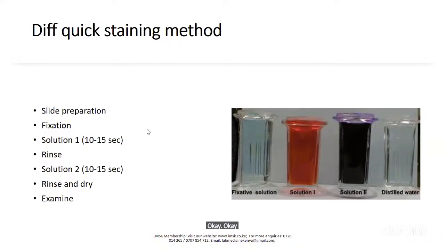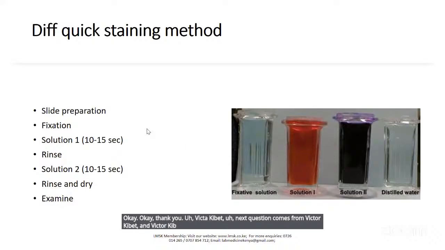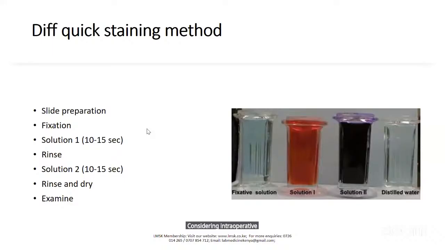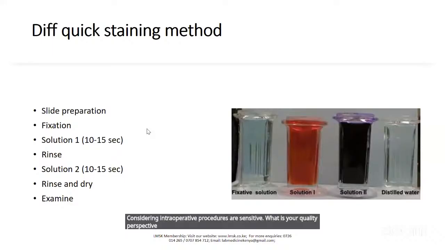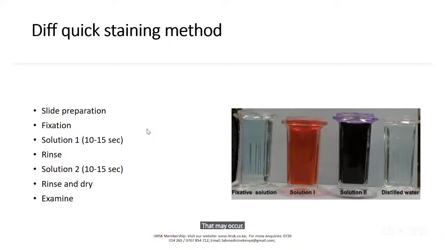Okay, thank you. The next question comes from Victor Kibet, and Victor says, this is a great presentation. Considering intraoperative procedures are sensitive, what is your quality perspective on these to minimize risks that may occur? Risk that may occur to the lab person. Yes.